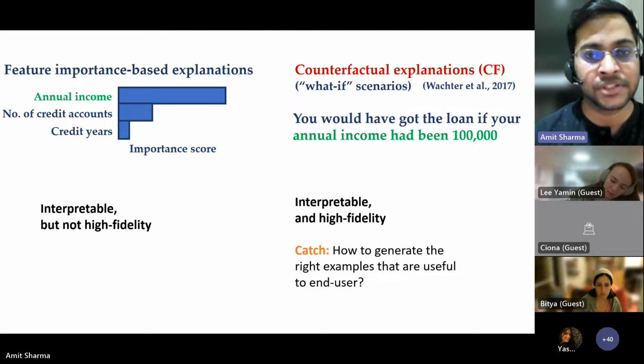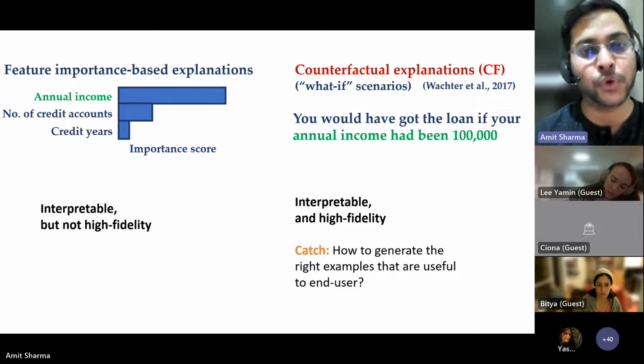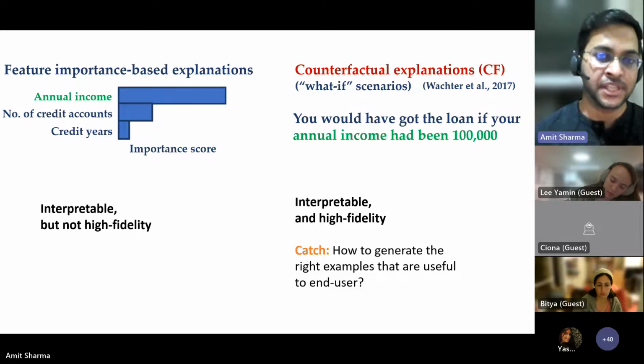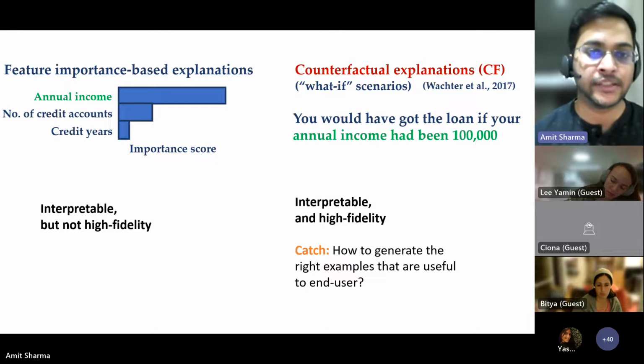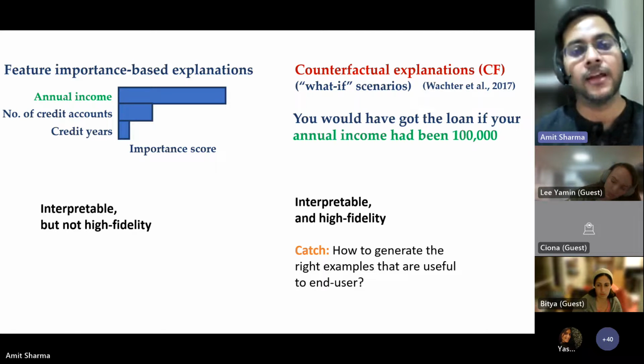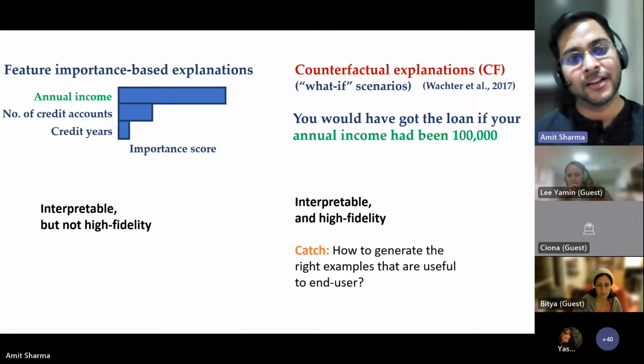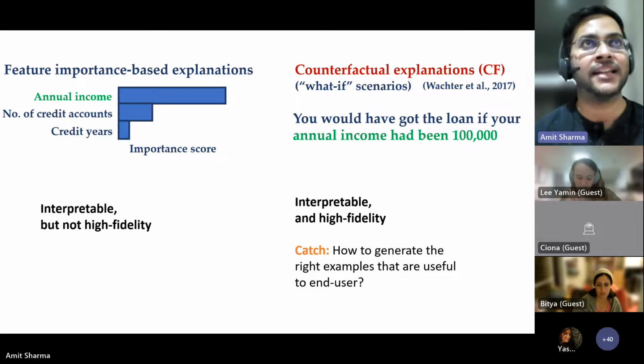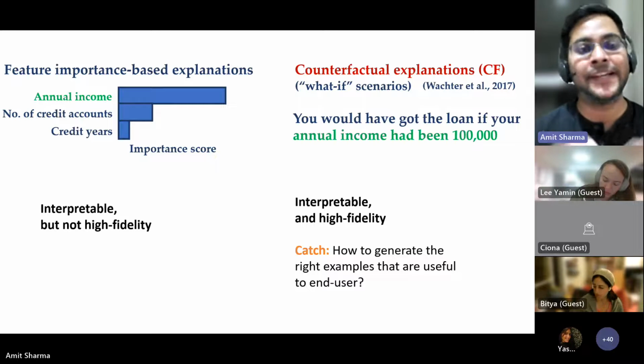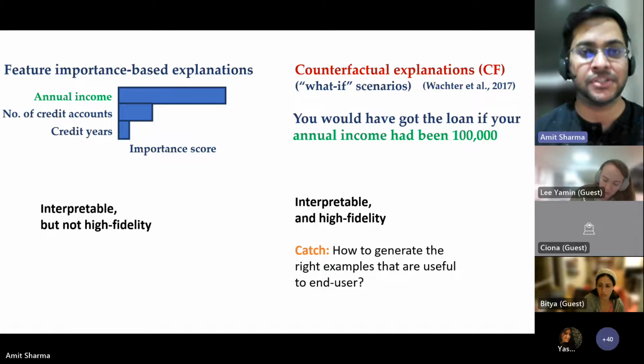Whereas these kinds of explanations are interpretable and they're also high fidelity, meaning that if you see an explanation and you do exactly what it's saying, then you would change the model's prediction. But of course, you cannot have everything, so there is a catch. The catch is that there are roughly infinitely many possible explanations I can generate.